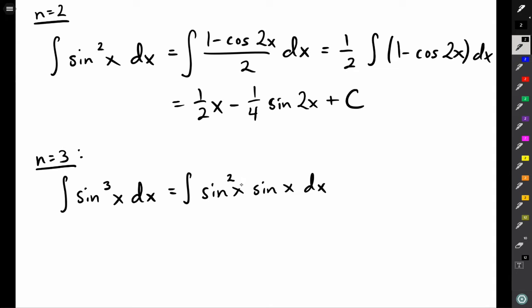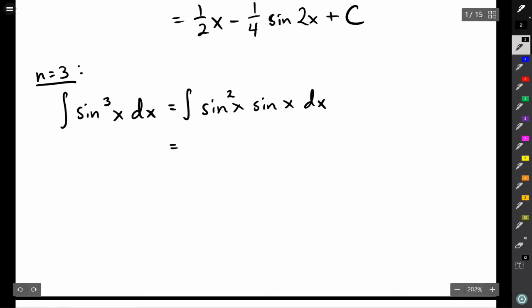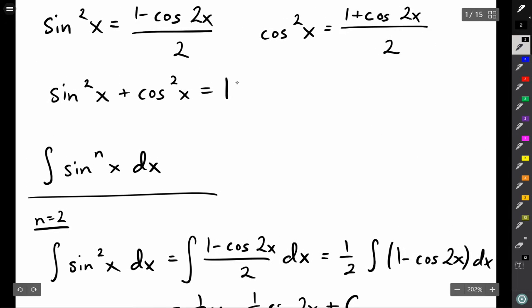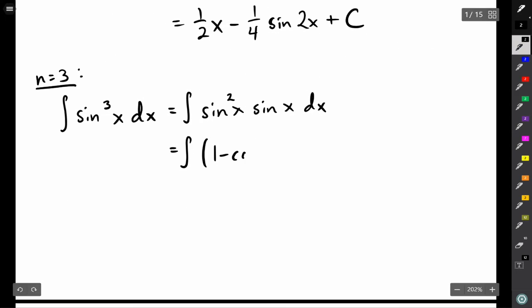Right? Now notice here we have an even power, in particular sine squared. So what I can do is use the Pythagorean identity, this one right here, and I can swap this for 1 minus cosine squared x times sine of x dx.